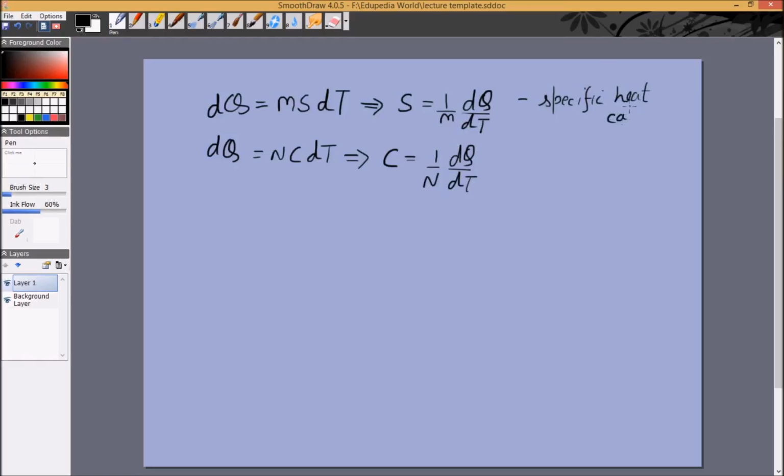This one is the specific heat capacity. Now when we are talking about gases, it's easier to talk in terms of number of moles, so we'll be using the second one more often.